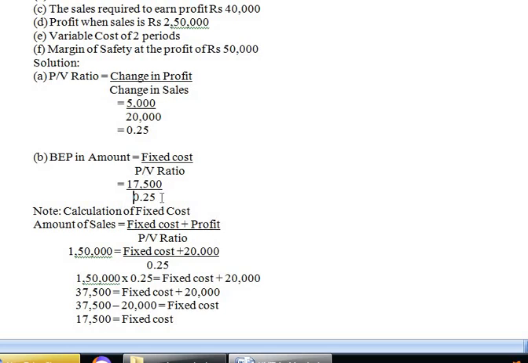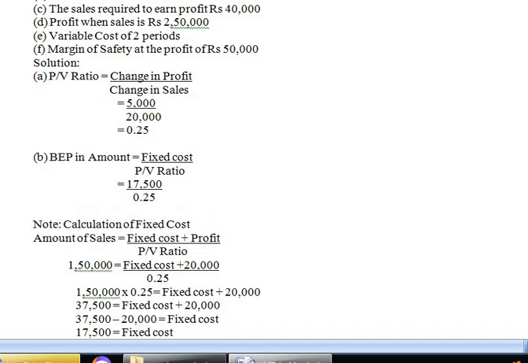So that will be equal to rupees 70,000. Hope so everybody is understanding. Okay.